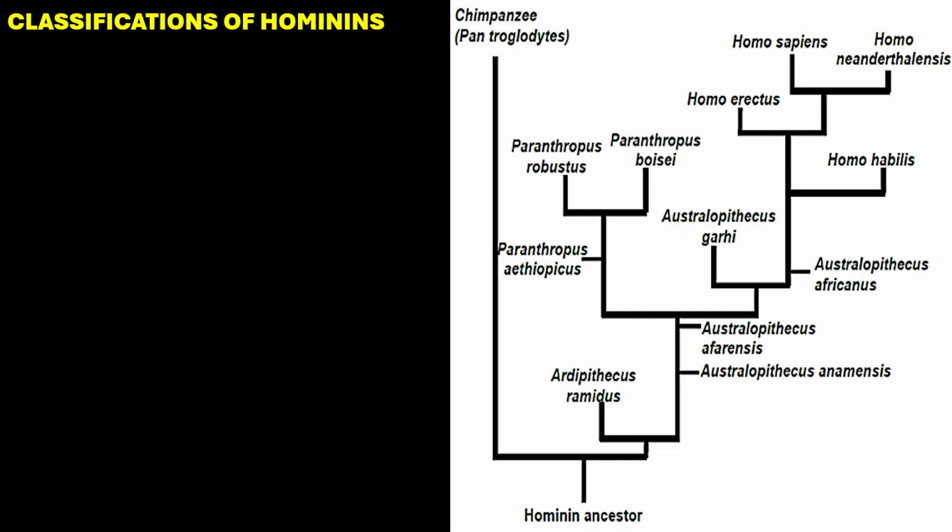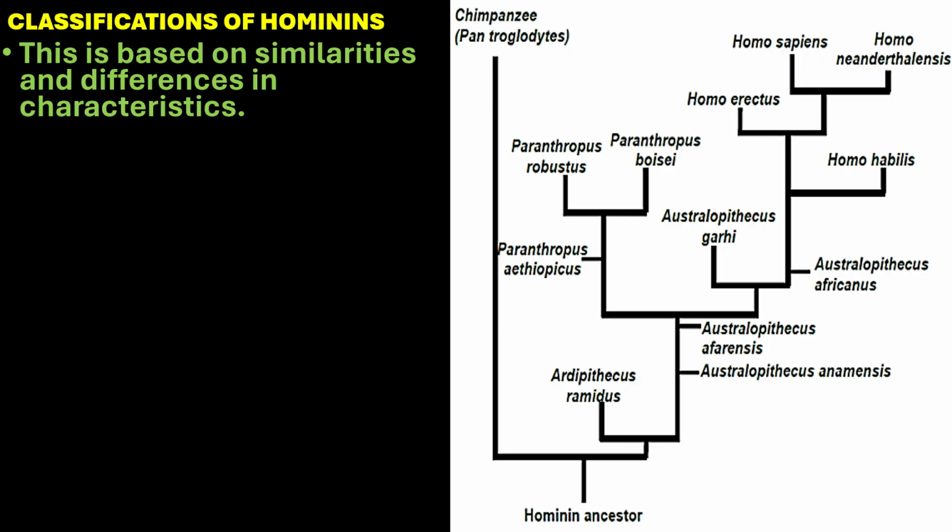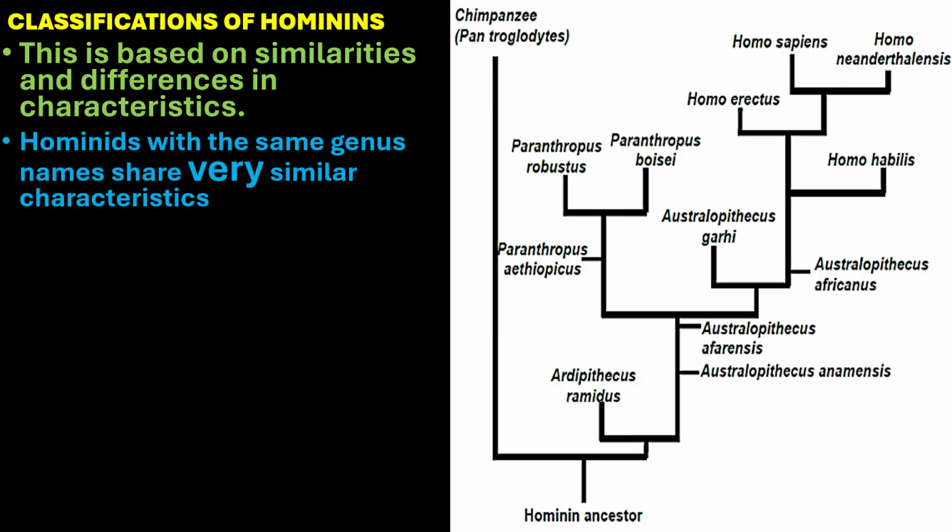Good. Now let's go on to the classification of the hominid family, the Hominidae family. Over here, we have to know classification is based on two things, similarities and differences. Organisms that share the same genus, as you're about to see here, share many similar characteristics.